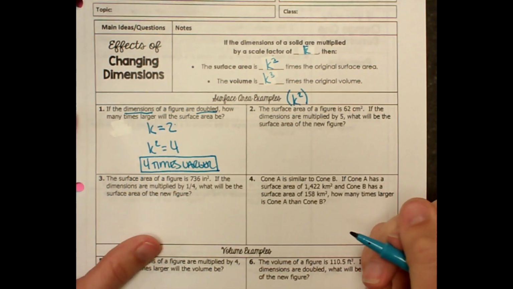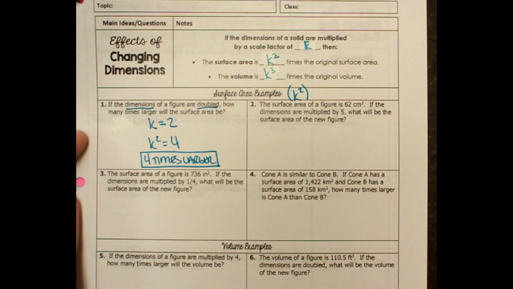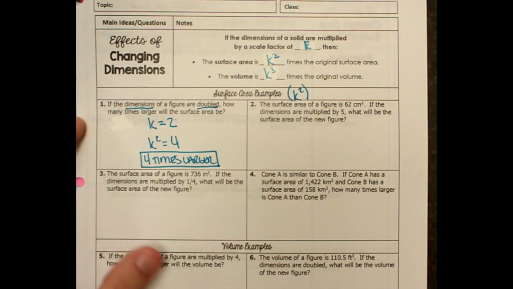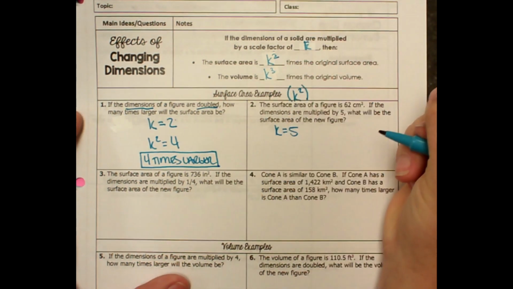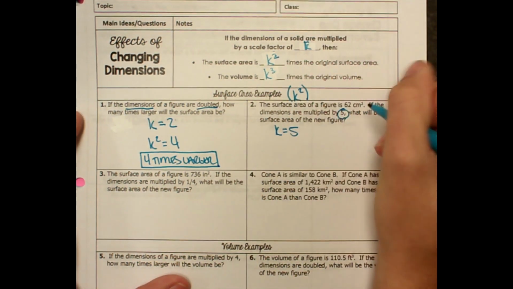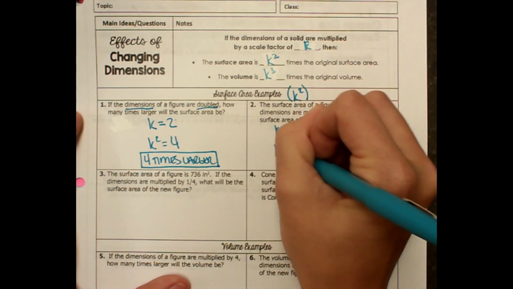Looking at number 2, the surface area of a figure is 62 centimeters squared. If the dimensions are multiplied by 5, what will be the surface area of your new figure? So my k is going to be equal to 5. Your surface area of the figure is 62. So our k squared is going to be 25.